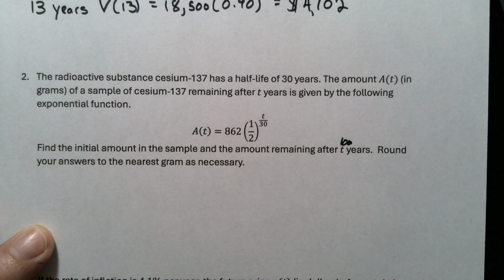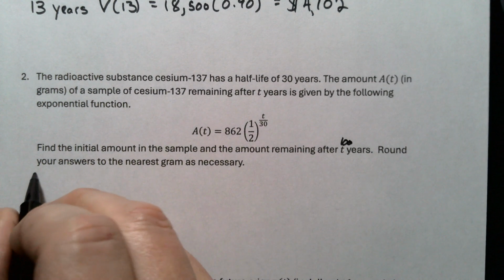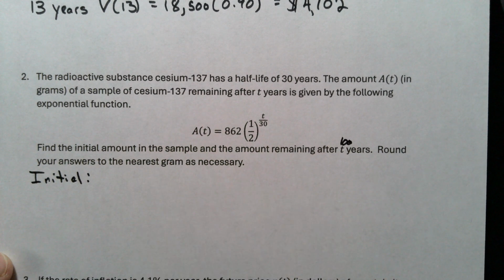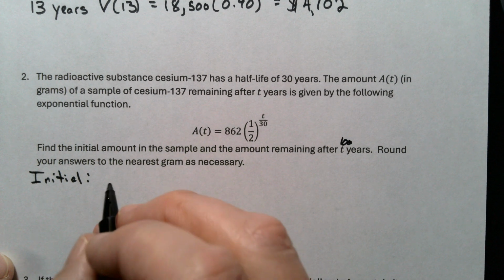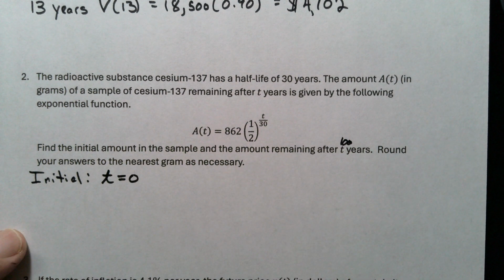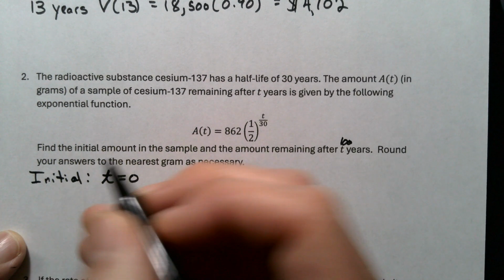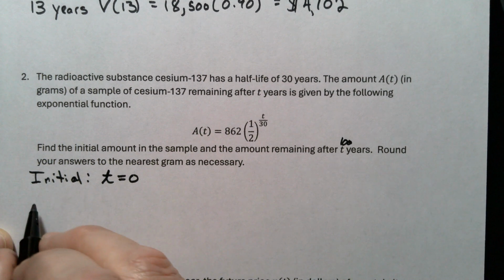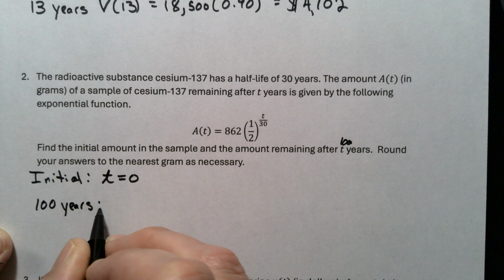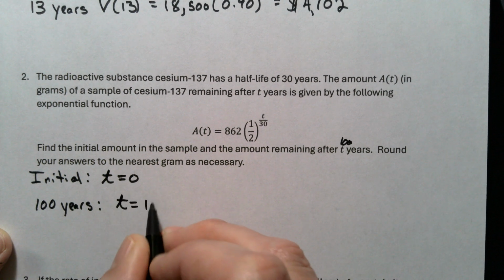So let's say that was 100 years. Okay, so first of all, the initial amount, that means that's at time t equals 0. That's before any time has expired, so t is equal to 0. And then after the 100 years, we will have t equals 100.